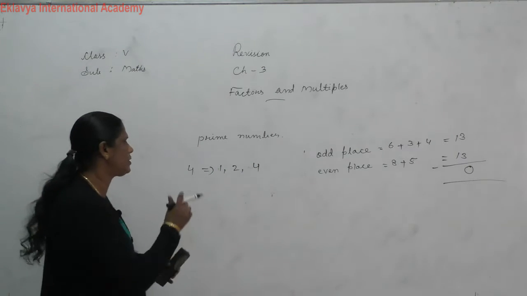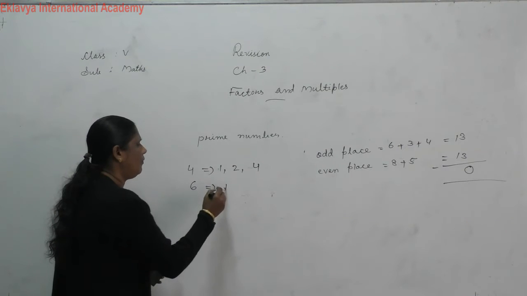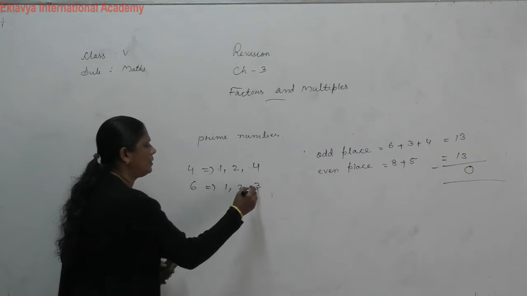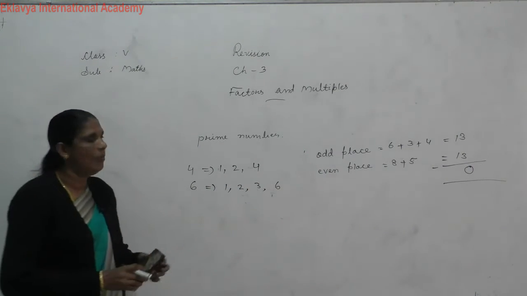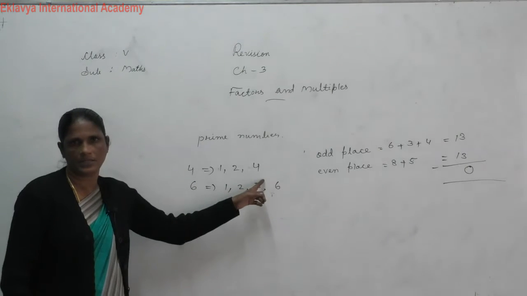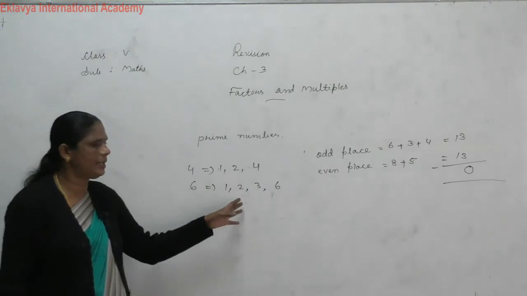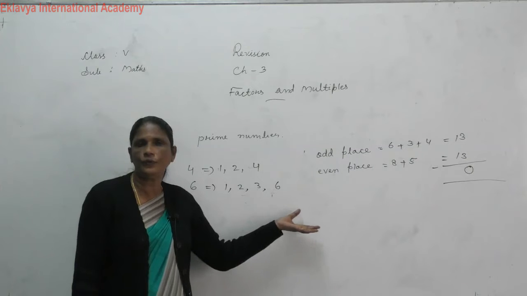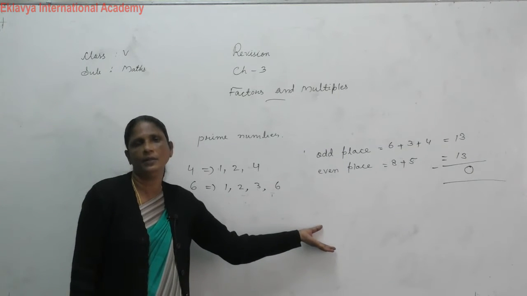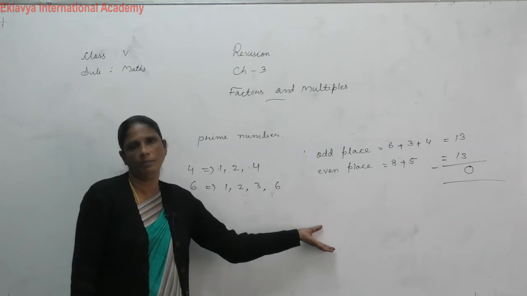What are the factors of 6? 1, 2, 3, 6. More than 2 factors. A number which has more than 2 factors is called a composite number.